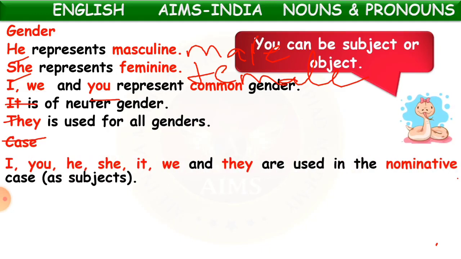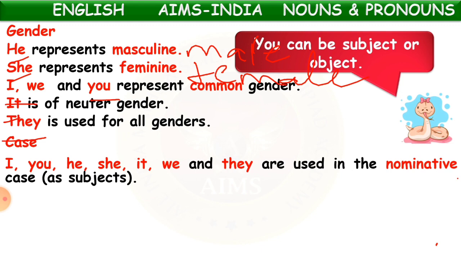Clear? So now about the case. What is the nominative case? That is subjects. So for nouns, what did we learn, children? I am just revising once again. When the noun is the subject for the verb, it is in the nominative case. When the noun is the object for the verb, it is in the accusative case.